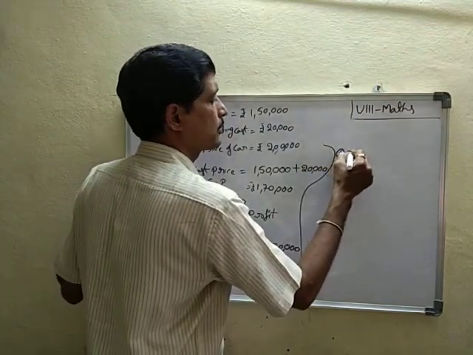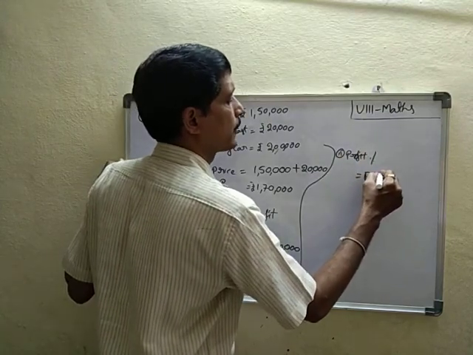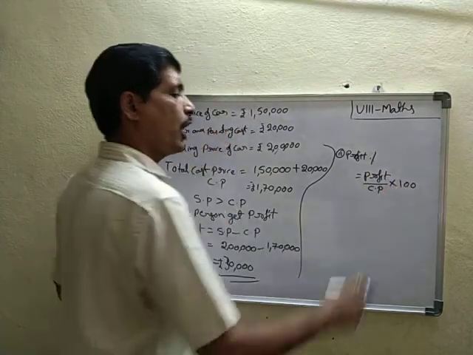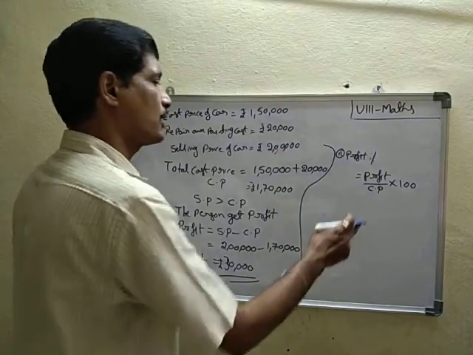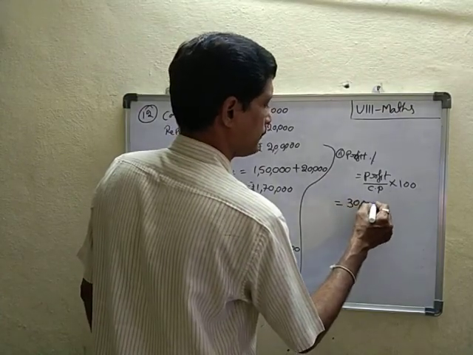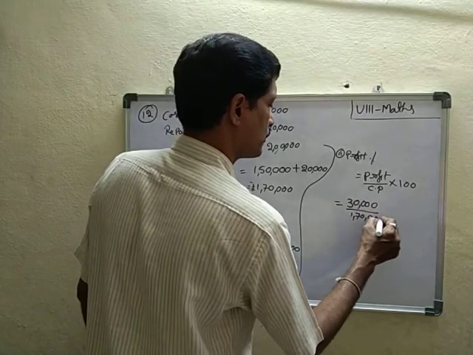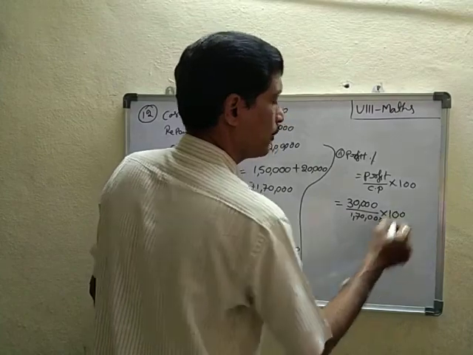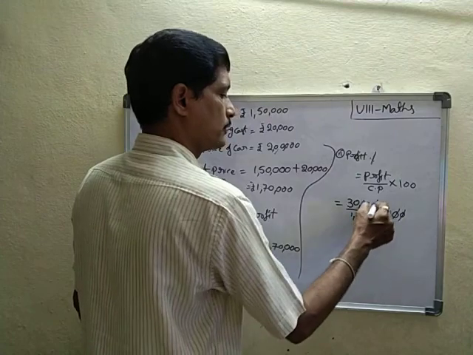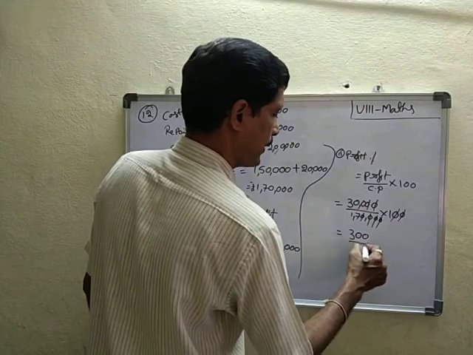Profit percentage equals profit by CP into 100. Profit percentage or loss percentage is always calculated on CP only. That is profit 30,000 by total CP 1,70,000 into 100. Here the zeros get cancelled, that equals 300 by 17.